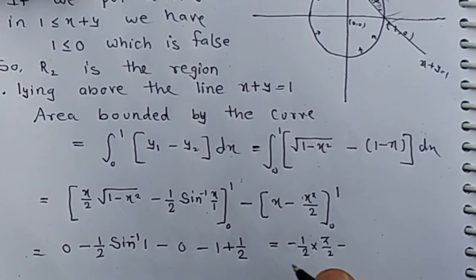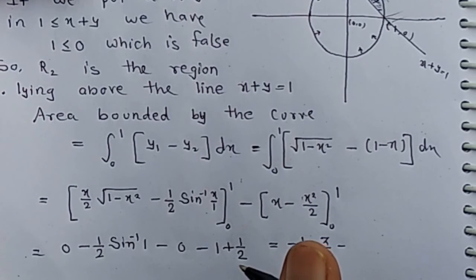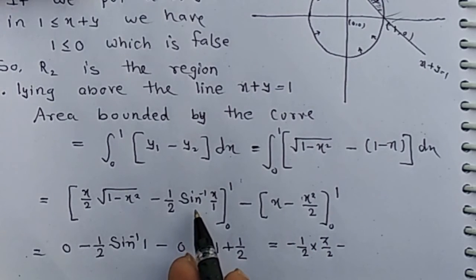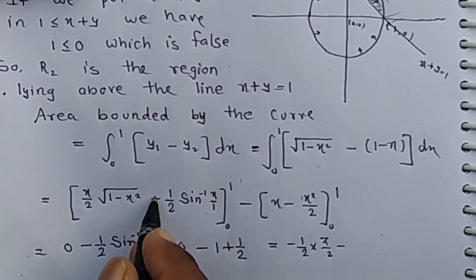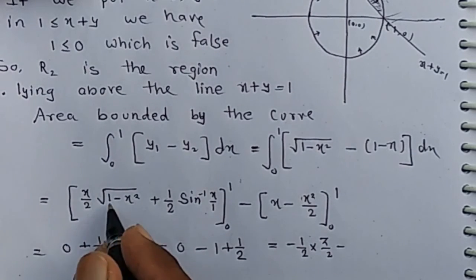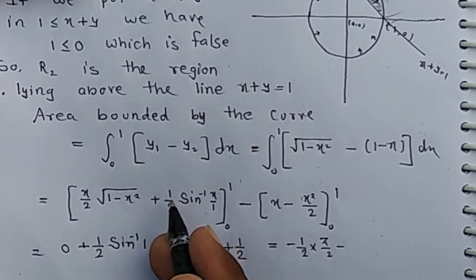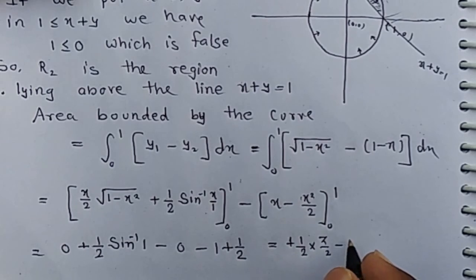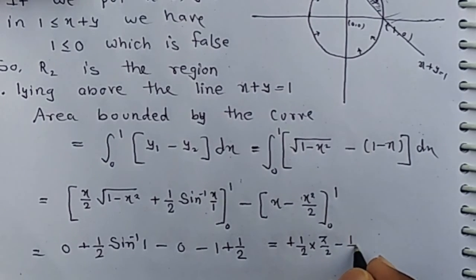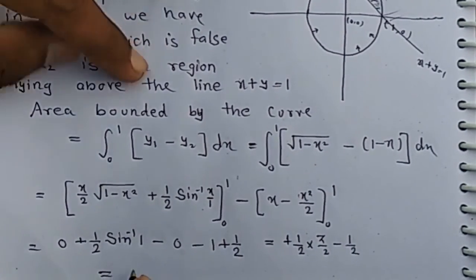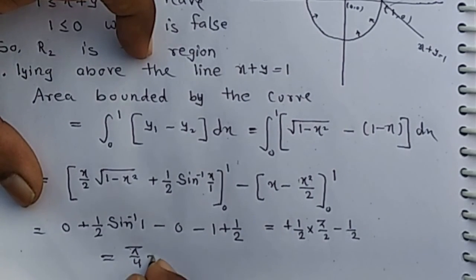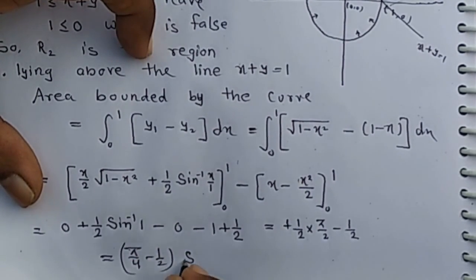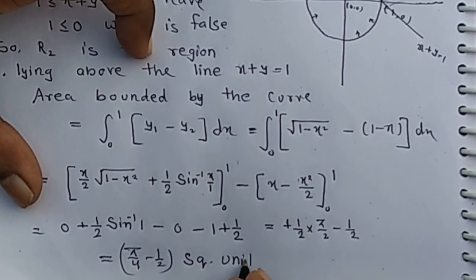It is π/4 minus 1/2 square unit, which is the bounded area.